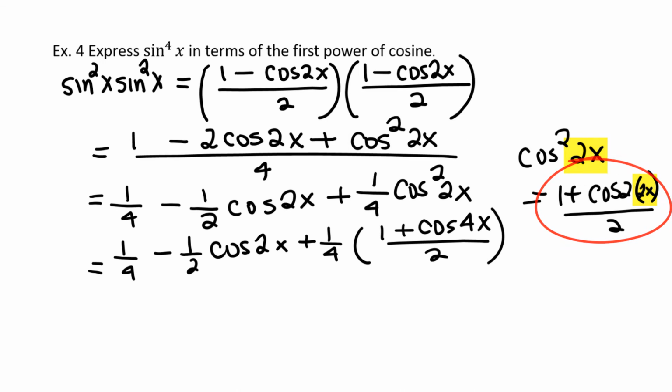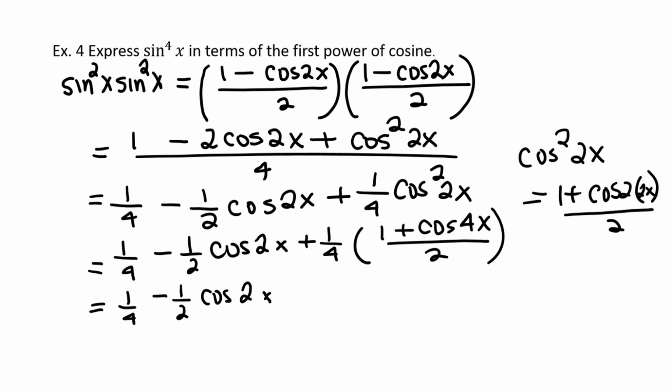Now one final bit of cleanup, and we will have 1/4 minus 1/2 cosine of 2x. Then we have to be very careful because we're going to multiply the 1/4 through. So 1/4 times 1/2 is going to be plus, is that 1/8? Yep. And then we still have plus 1/8 cosine 4x.